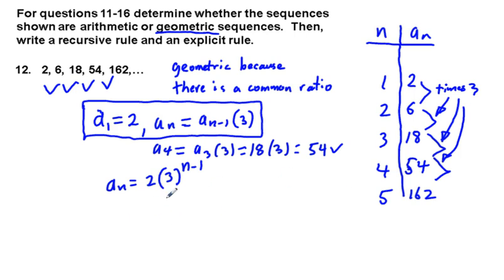And now you can just check it out. This is just a form of doing this. You can see this in your exponential equations too. This is going to be our initial value. And this will be our common ratio.